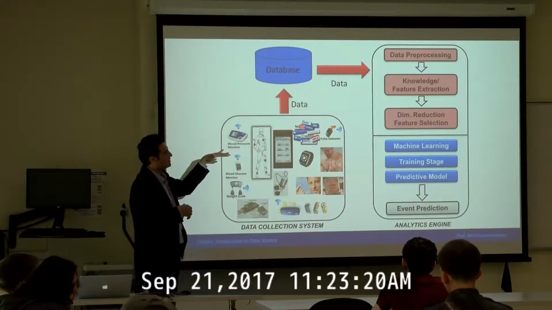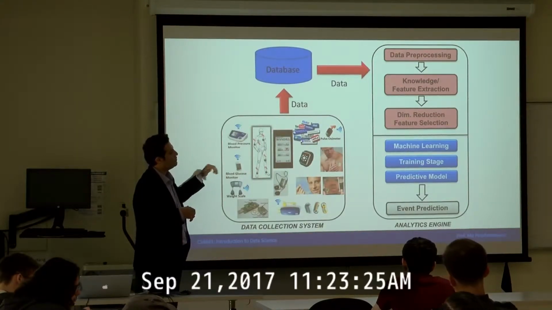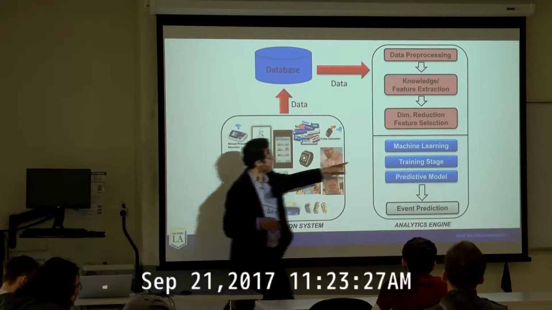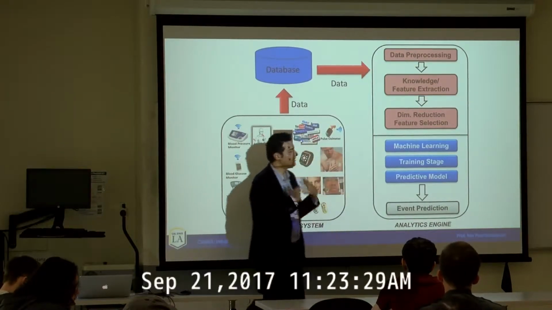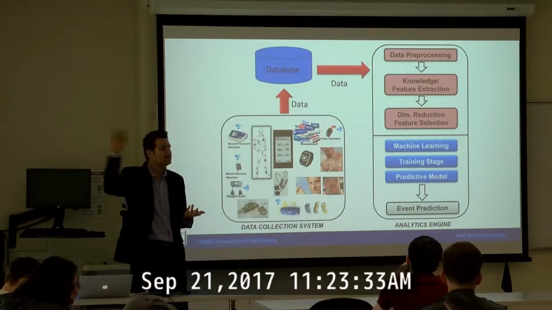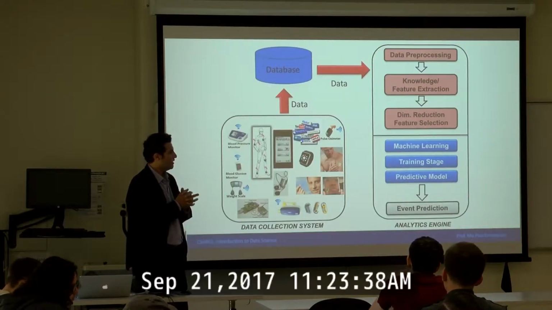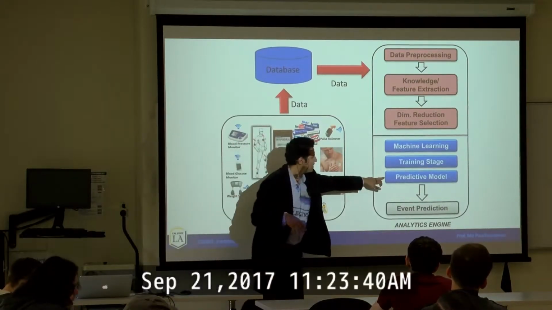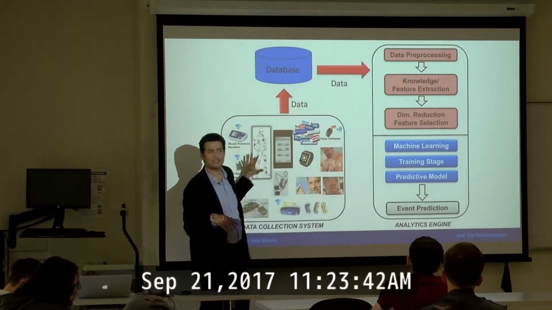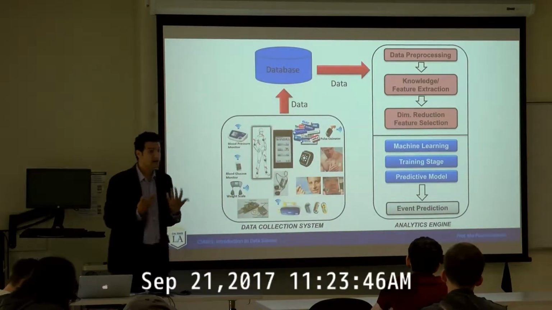And after extracting some useful knowledge from this raw data, we will have our machine learning algorithms that will learn from past data, from what happened in the past for other patients, build a predictive model, and using this predictive model can make prediction on this new patient, predict medical conditions, for example, predicting heart attack.